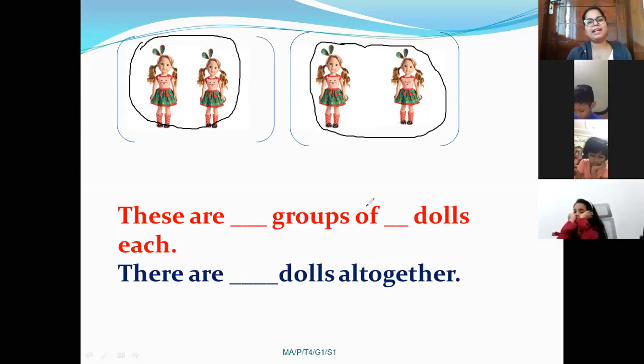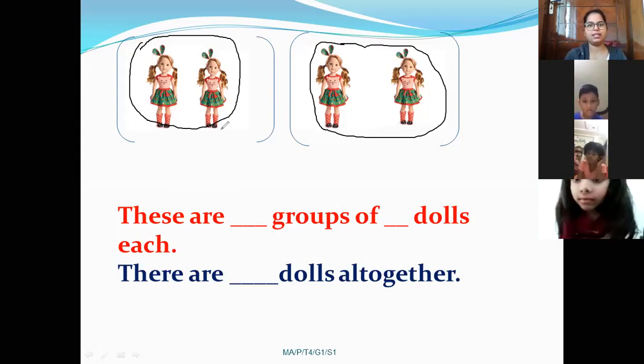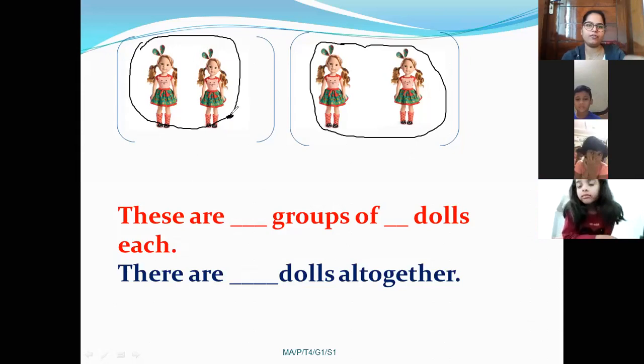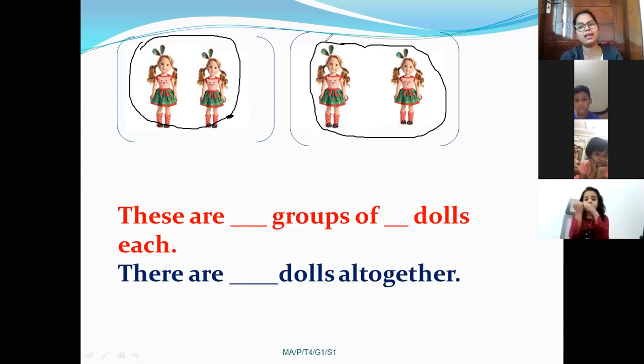Suryansh, can you see this black color line which I have drawn here? Can you see this line? This black color line. Can you see this? Yes. So I have drawn one circle with this black color line. So this one circle is denoting one group. Okay, tell me how many circles I have drawn here? 1.